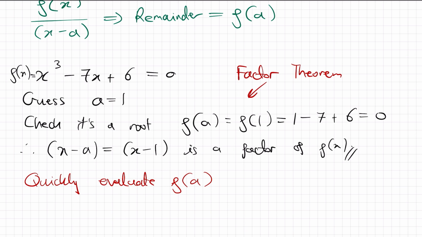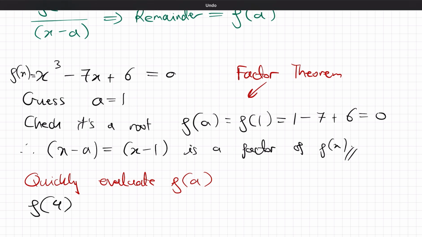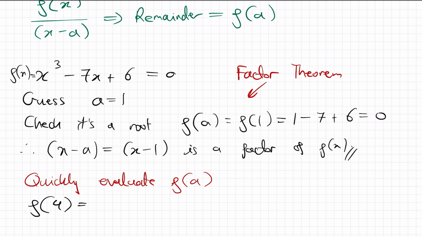Let's say we wanted to find out what f of 4 was. Since this is just a cubic, it's pretty easy to do. We can just do 4 cubed minus 7 times 4 plus 6, which is 64 minus 28 plus 6, or 42, I believe. Yep, that seems about right.